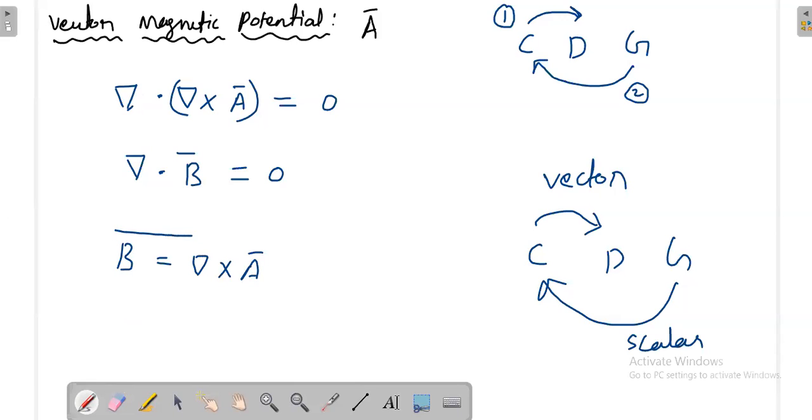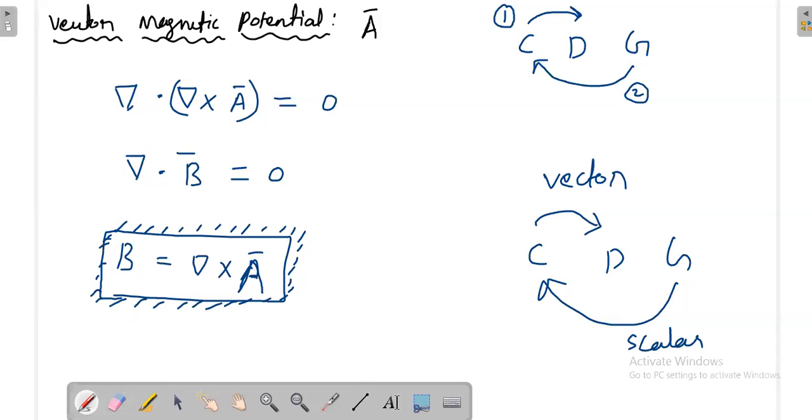That means, once you know the vector magnetic potential, you can calculate the magnetic flux density B. Once you know the magnetic flux density, you can calculate H. So B is equal to del cross A. Once you know the vector magnetic potential, you can calculate B, magnetic flux. Then once you know magnetic flux, you can calculate magnetic field H. This is the idea actually.